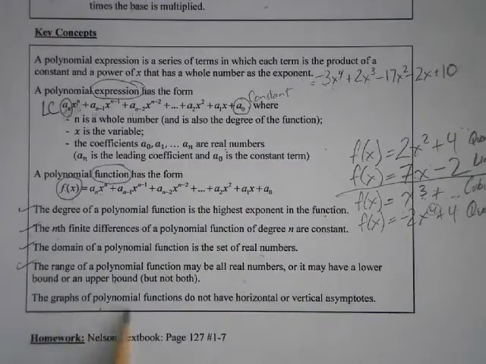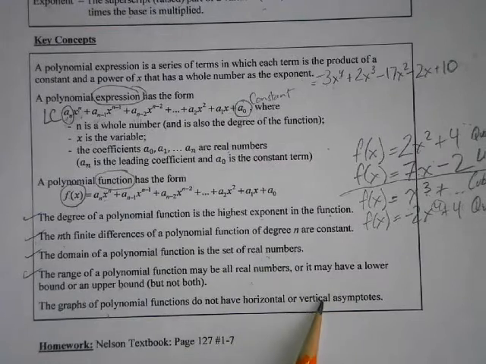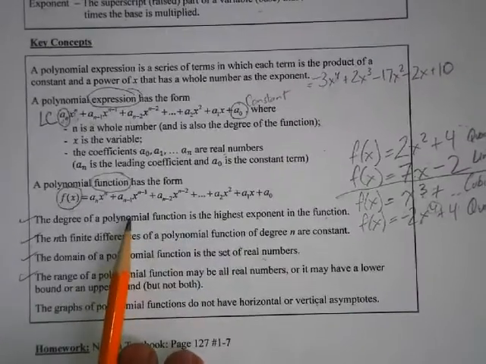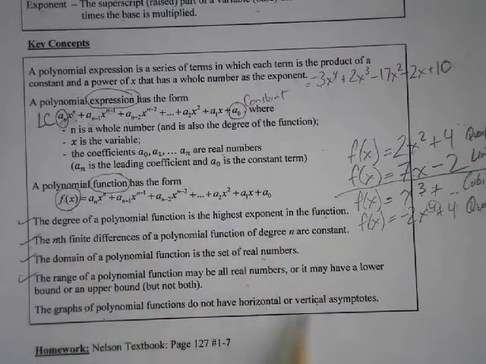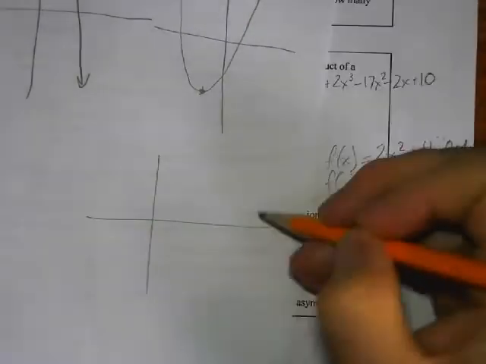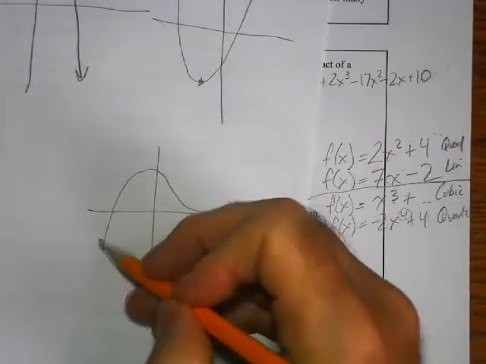Okay, and we sort of talked about this. The fact that it doesn't have a vertical asymptote means all values. You could figure that out by the fact that the domain is all real numbers, so there's no breaks, and there's no horizontal asymptote, which means it doesn't sort of tail off. If something had a horizontal asymptote, it would kind of go towards a certain value like that.